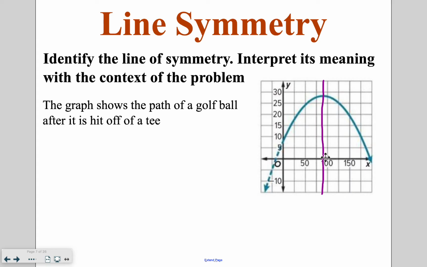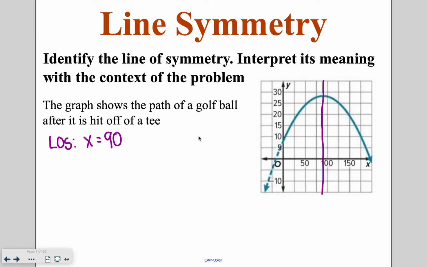So because I cannot tell exactly where this graph is cut in half, I'm going to make my best guess. So I'm going to say my line of symmetry is going to be at x is equal to about 90. Again, we're counting by 25s, so 25, 50, 75. It looks like we're a little over halfway between 75 and 100, so I'm going to put that at 90.